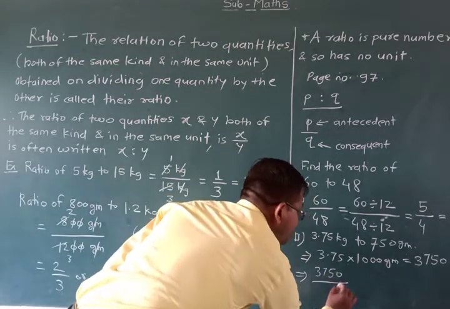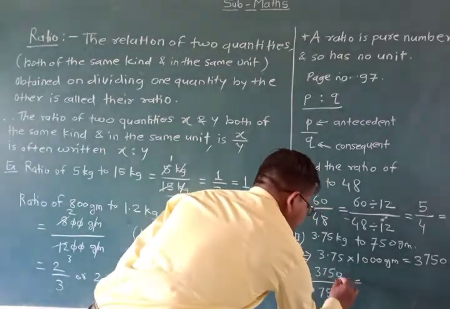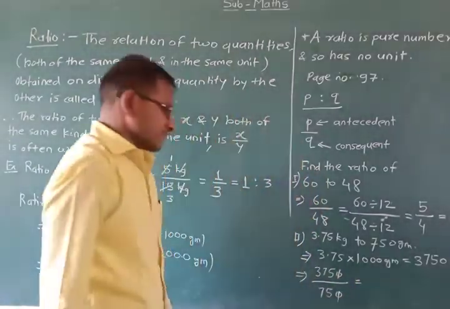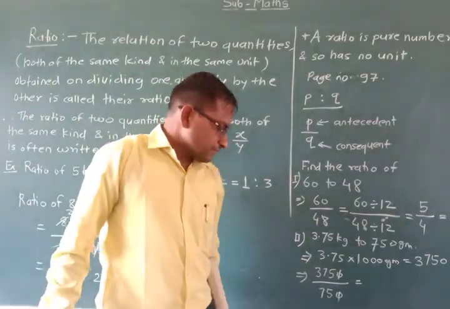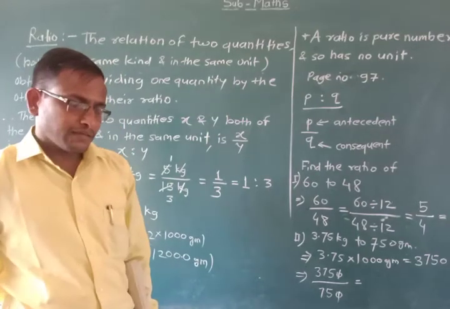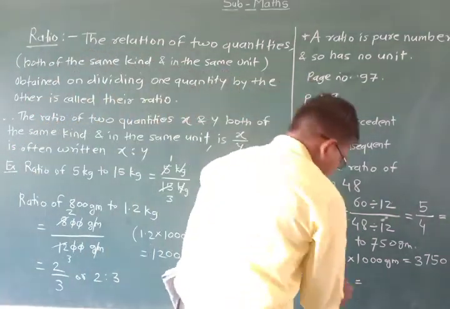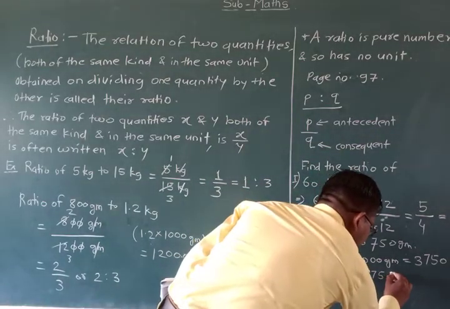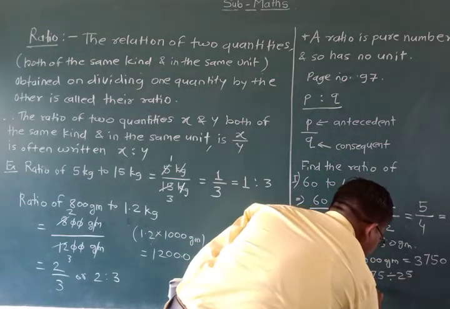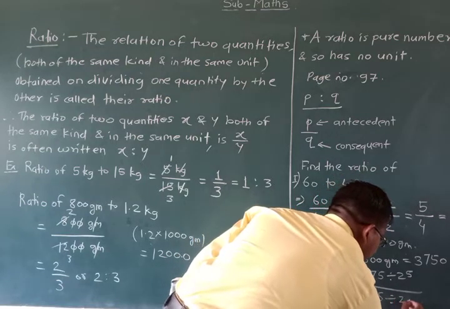3750 upon 750. First cancel the unit place 0. 375 and 75. First you divide by 25 or 5. So I am dividing here by 25. 375 divided by 25 and 75 divided by 25.